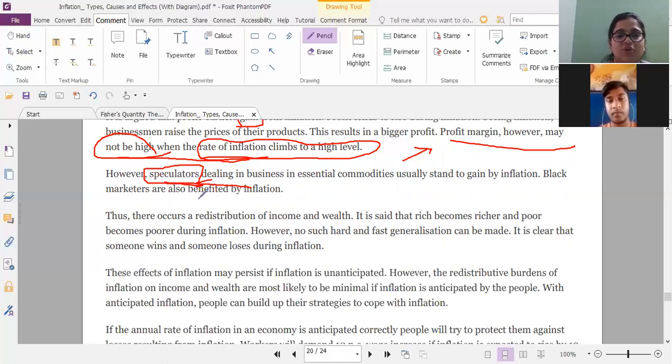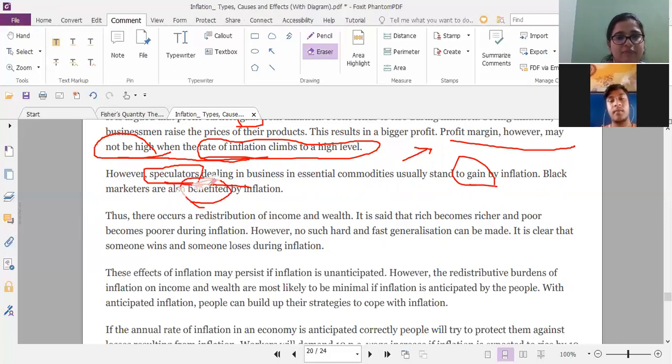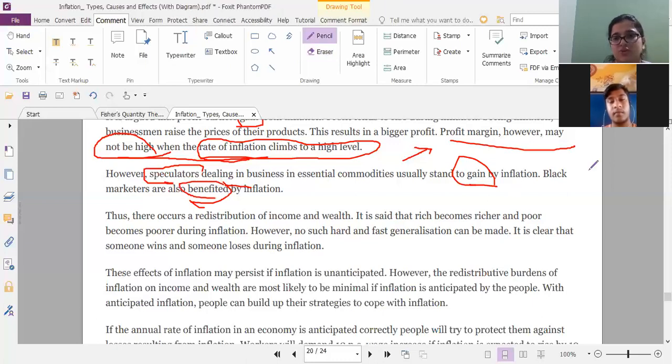Black marketers are also benefited by inflation. So the speculators gain, and the black marketers also benefit, right?